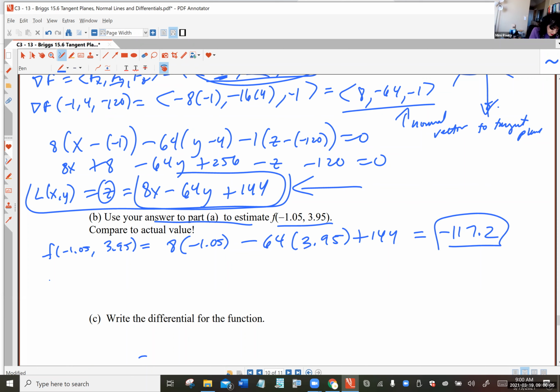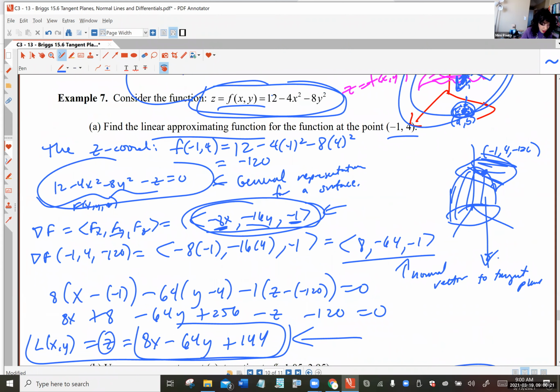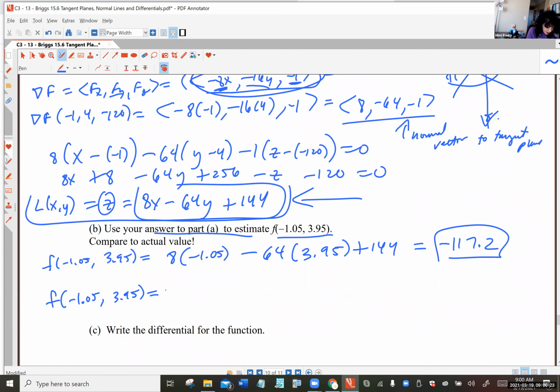All righty. Now, what's your actual value? Well, what's the function itself evaluated at -1.05, 3.95? Let's go to the beginning of the problem. Your paraboloid function equation is z equals f(x,y) = 12 minus 4x squared minus 8y squared. So that's 12 minus 4 times -1.05 squared, minus 8 times 3.95 squared.